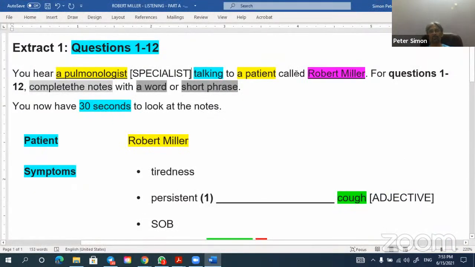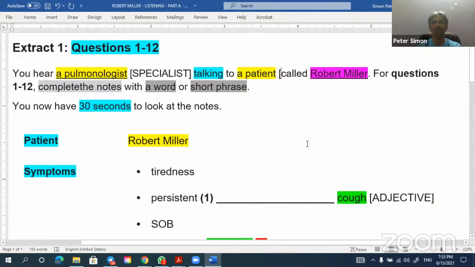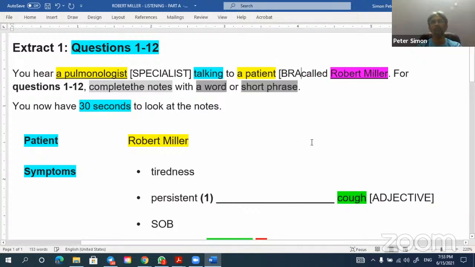Yes, specialist. Okay, and he is talking to a patient, and the patient's name is Robert Miller. A patient of what?